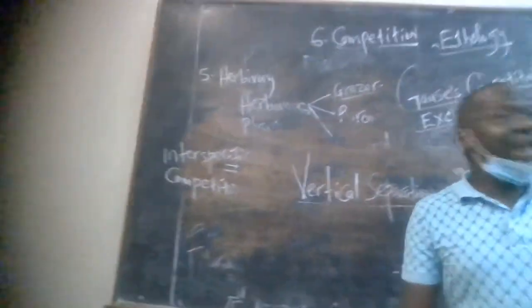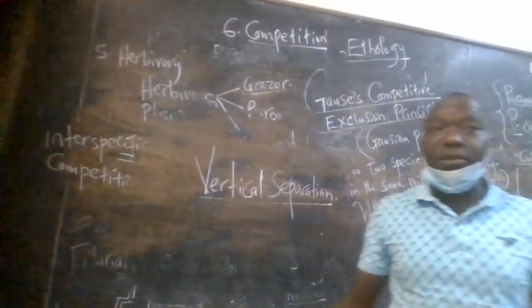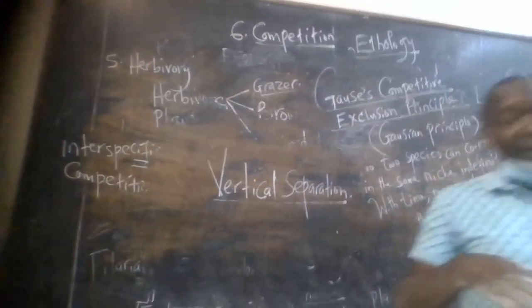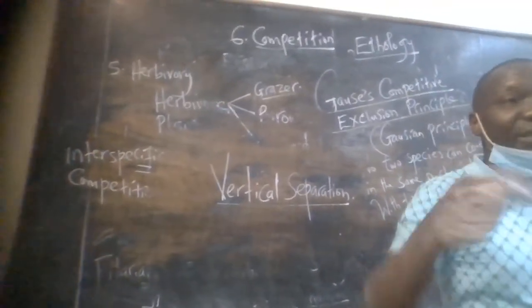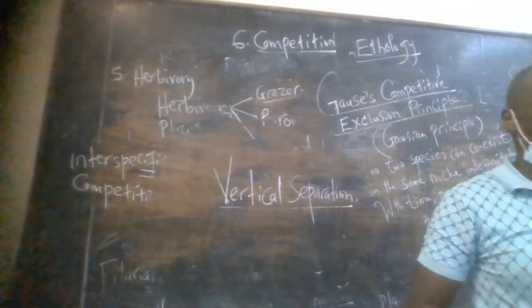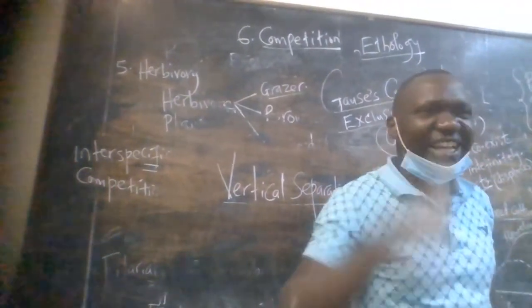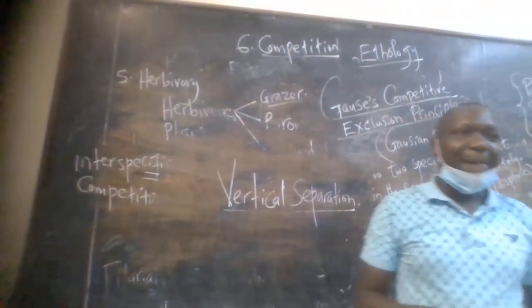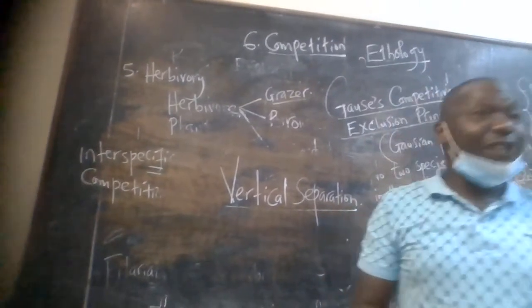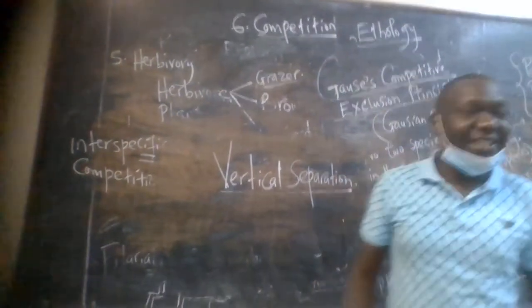I've given you the nocturnal and diurnal birds, like the owls, and then other predatory birds which feed during the day. You know some of them, predatory birds which feed during the day.